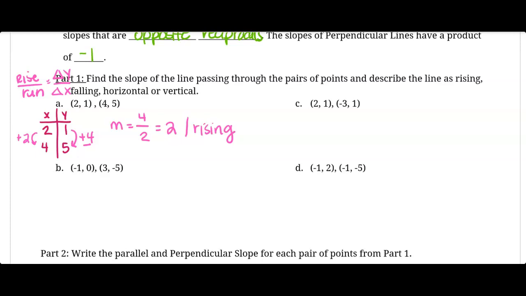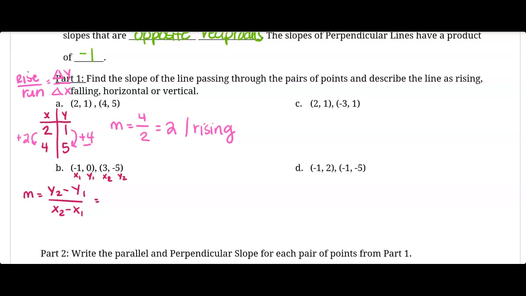The other way that you can find the slope is to use the slope formula, which is m equals y2 minus y1 over x2 minus x1. So for this one, -1 is x1, 0 is y1, 3 is x2, and -5 is y2.